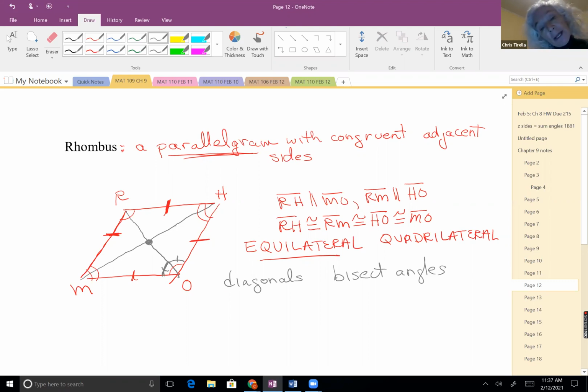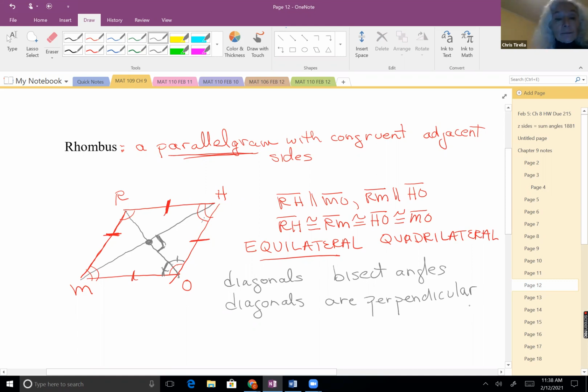And if I look at any one of those triangles that are formed then, what's really cool, well, if this angle and this angle add up to 180, their halves have to add up to 90, which means this angle in here has to be 90. And so the diagonals are perpendicular. How fun is that?